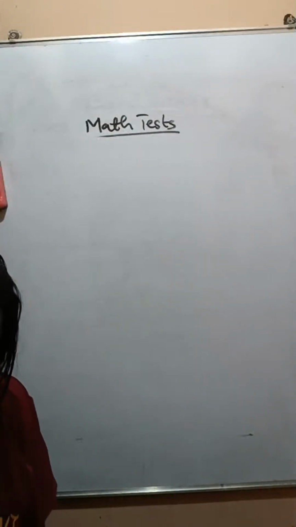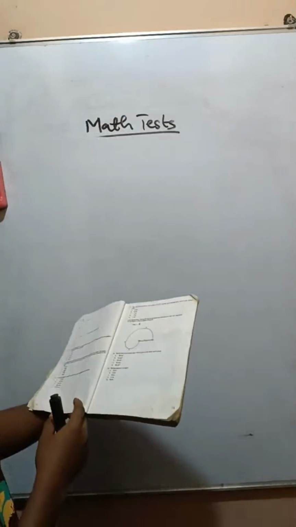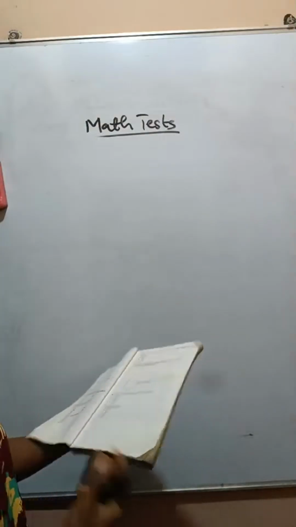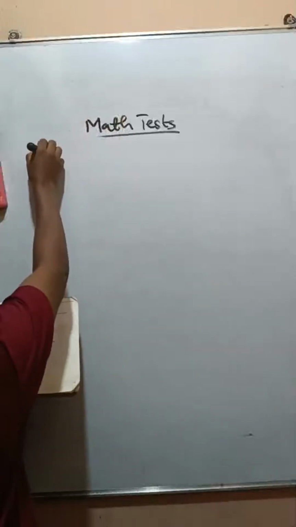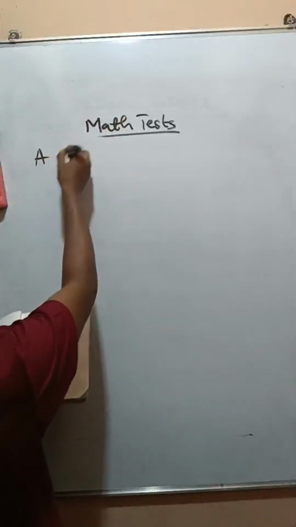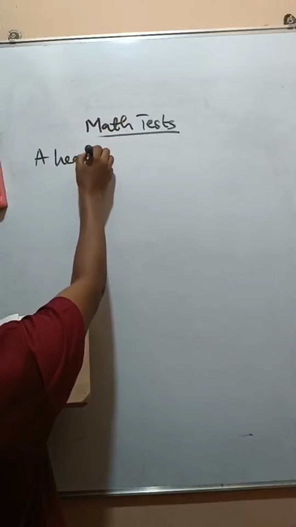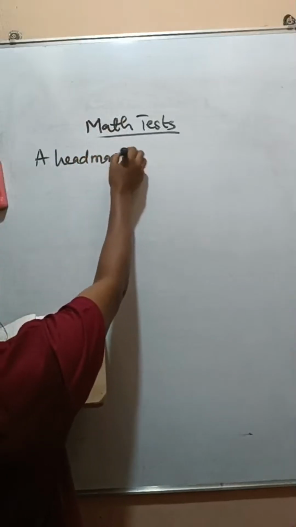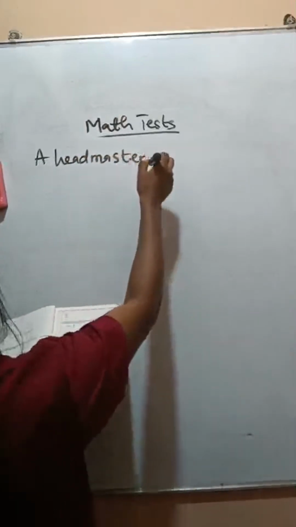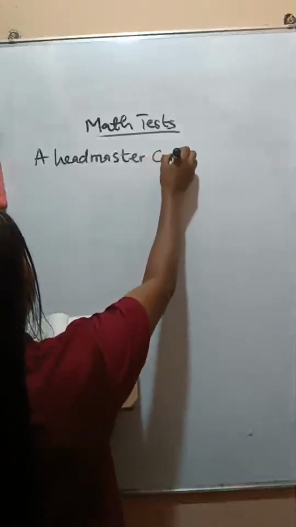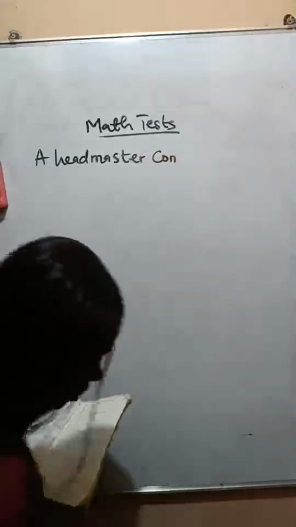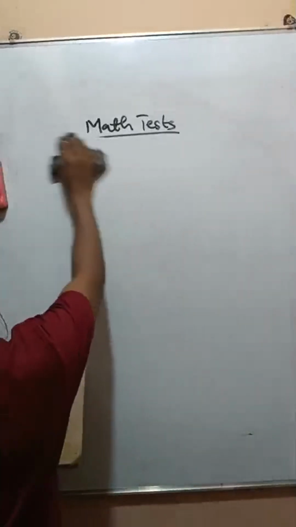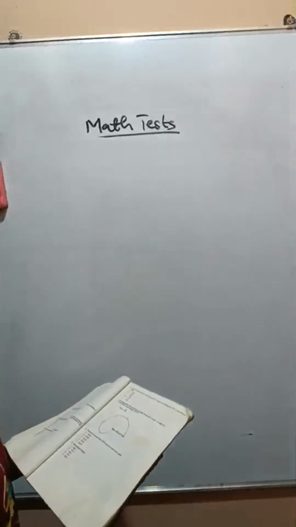Now this question says, oh, this one is long. To copy this, this one says, a headmaster contributes. This is too long. Let me look for a shorter question. This one, to copy it, I beg, I know this strength.